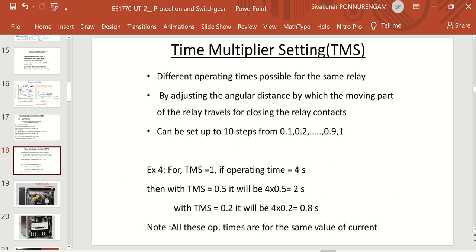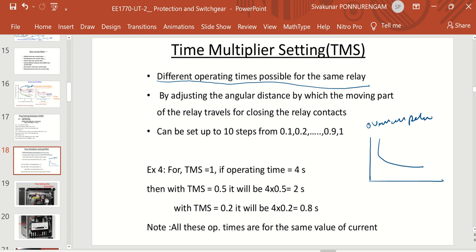It gives different operating times possible for the same relay. Suppose this is the overcurrent relay, and this is the curve we have already seen.